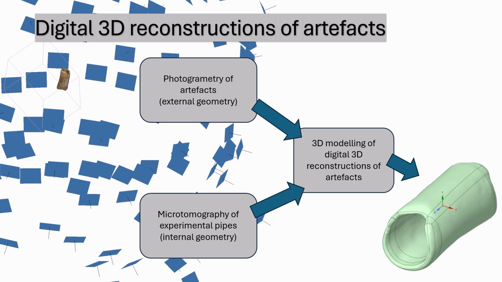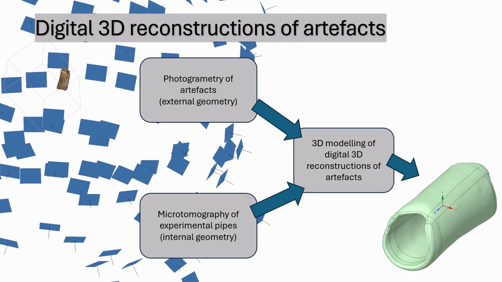The internal geometry of the pipes affects the sound quality. Given the post-deposition processes, we cannot assume that the inner part of the artifact is the same as when they were produced. It was therefore decided to use microtomography of contemporary created tubes, B1, B2, B3, to model the interior of digital 3D reconstructions.